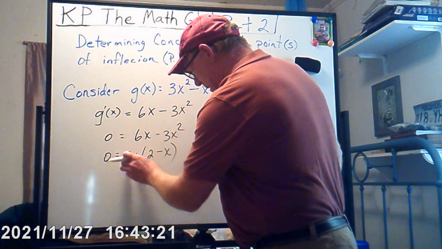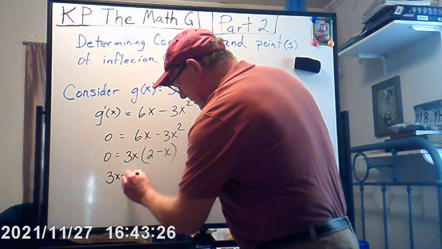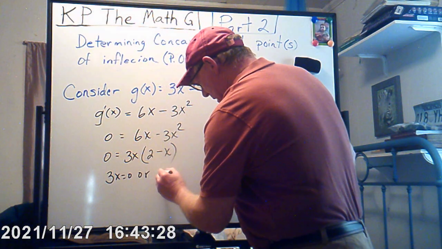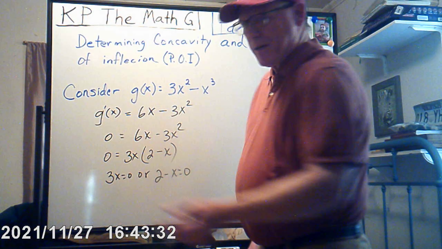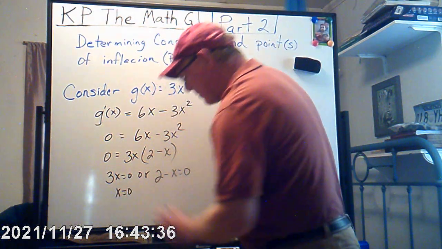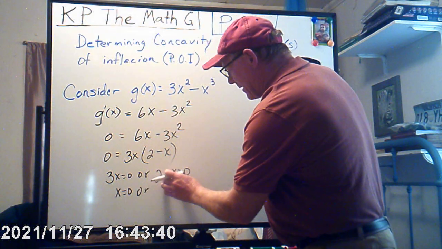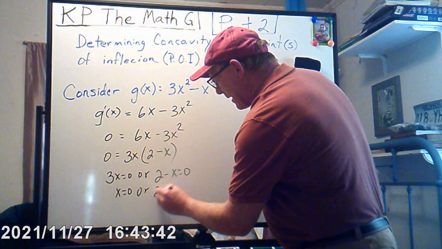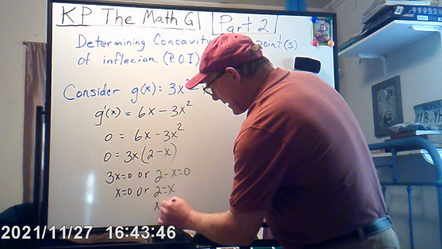Now a times b equals 0, meaning 3x equals 0 or 2 minus x equals 0. If 3x is 0, then x equals 0. If 2 minus x is 0, I can move the minus x to the other side and make it positive, so 2 equals x, x equals 2.